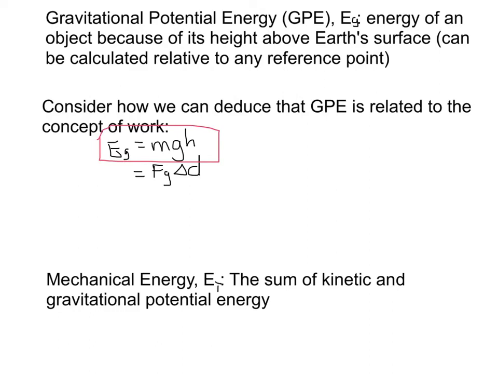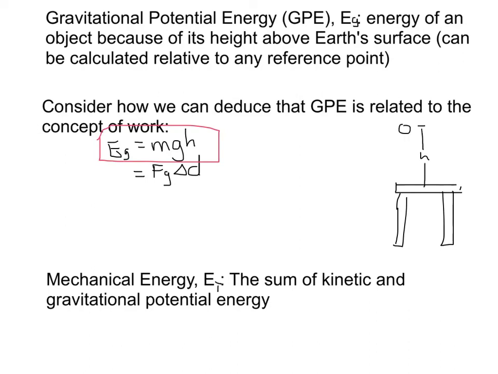I just want to quickly show you that GPE can be negative or 0, depending on the reference level we choose. So let's say we have a table, and we're thinking about an object that's above a table. So here's the object.